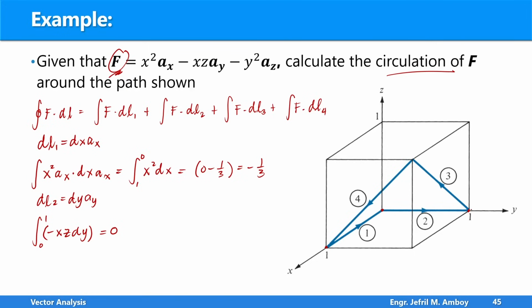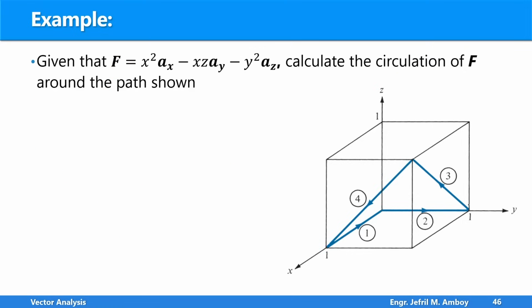Let us evaluate the line integral along the third path. Let's move to the next slide. In the third path, we see that the path has a component that is along the z-axis and at the same time along the x-axis.